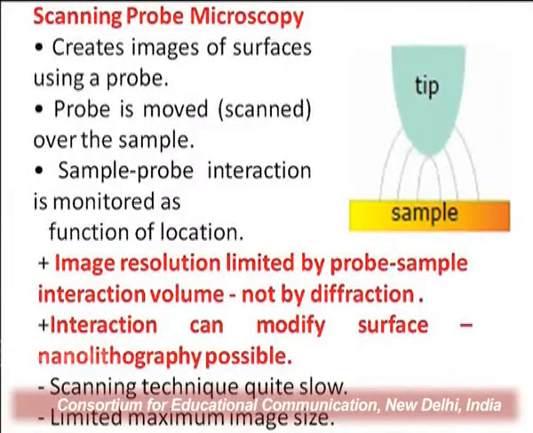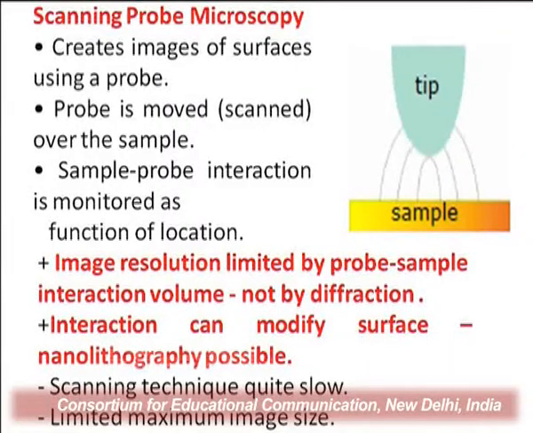As the name suggests, in scanning probe microscopy we scan the surface using a probe, and that method is known as scanning probe microscopy. What do we get from scanning probe microscopy? We create images of the surface by using the probe.